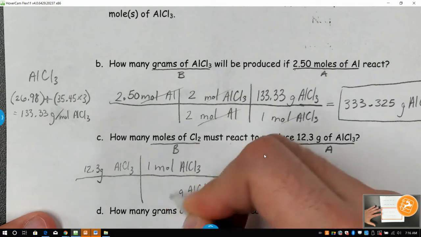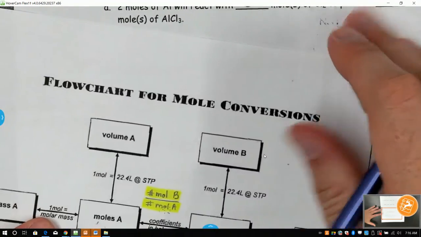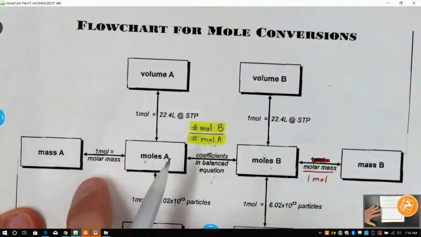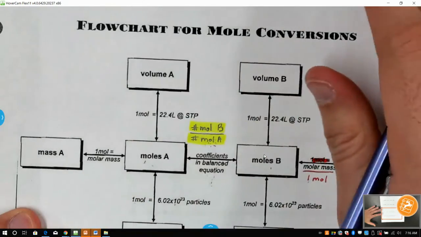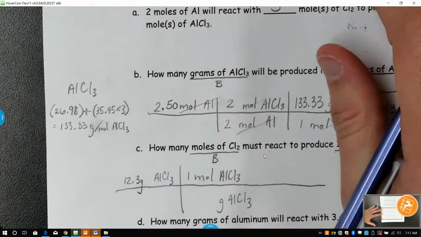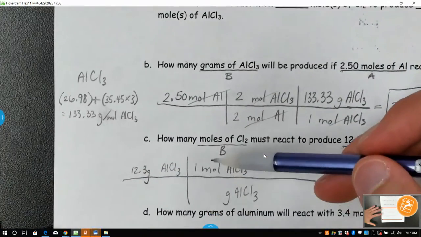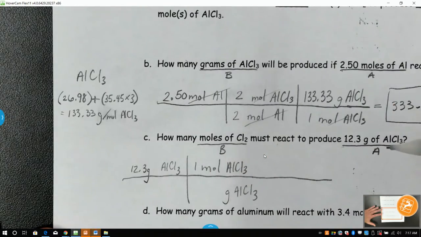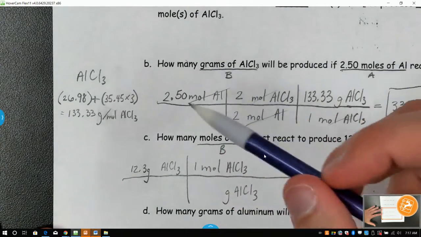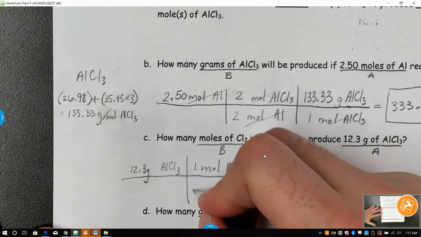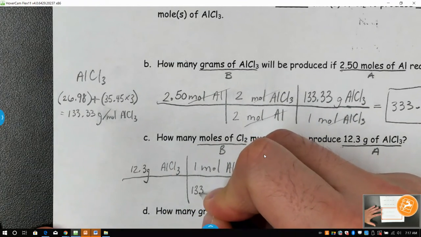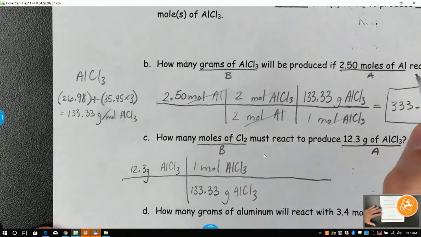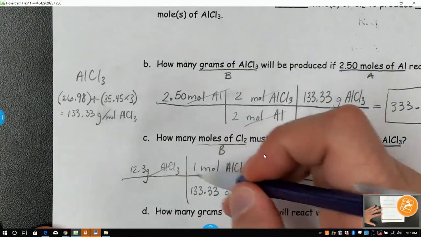But where does this number come from? Again, that comes from the molar mass of the element or compound from the periodic table. Since we already found that molar mass in the previous problem, letter B, we get to use that again, which is nice. So grams would cancel.